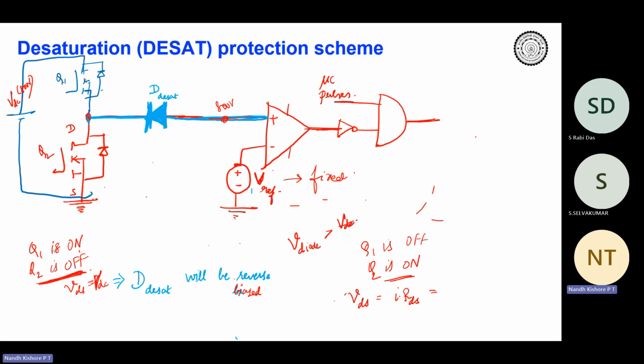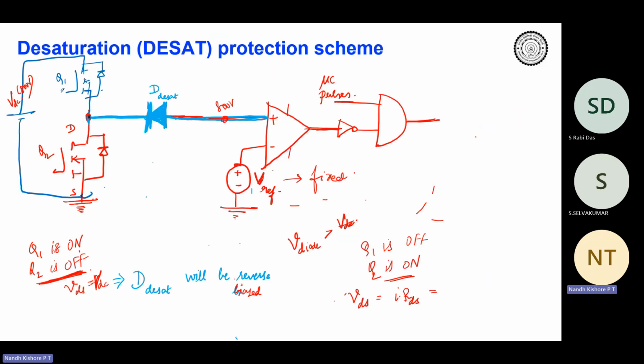In that case, if Q1 is on, then the entire VDC would be appearing across Q2, correct? If Q1 is on, the entire VDC, which can be very high values like 400 or 800 volts, may appear across your Q2.